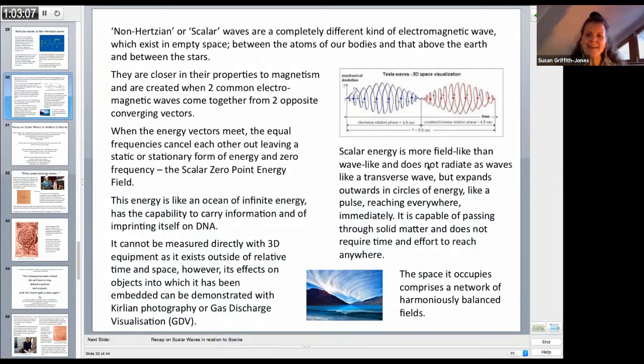The scalar energy is more field-like than wave-like and does not radiate as waves like a transverse wave. Like I just said about transverse waves that go like this and take up time and energy, scalar energy expands outwards in circles of energy like a pulse, but it doesn't pulse, it happens in one go, so it reaches everywhere immediately. There's no effort required, it's present everywhere immediately.